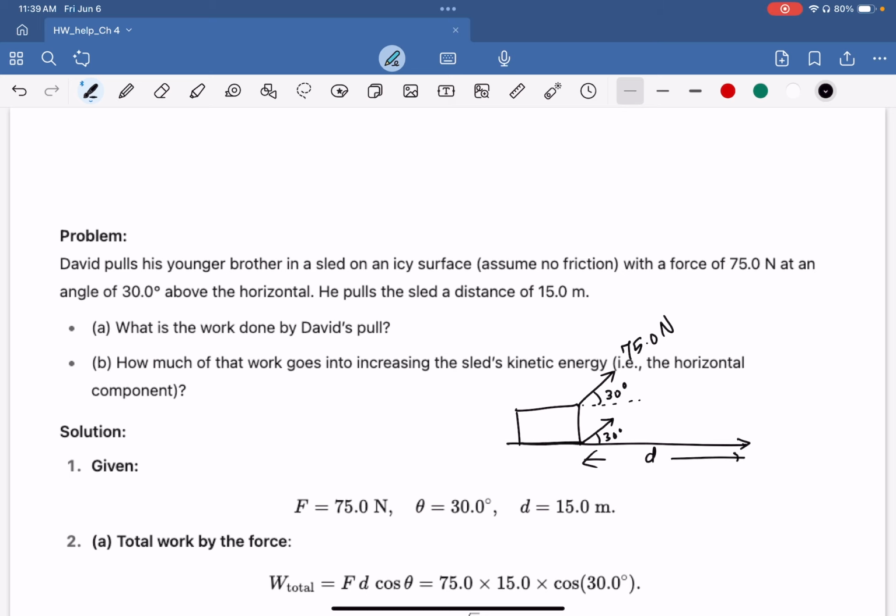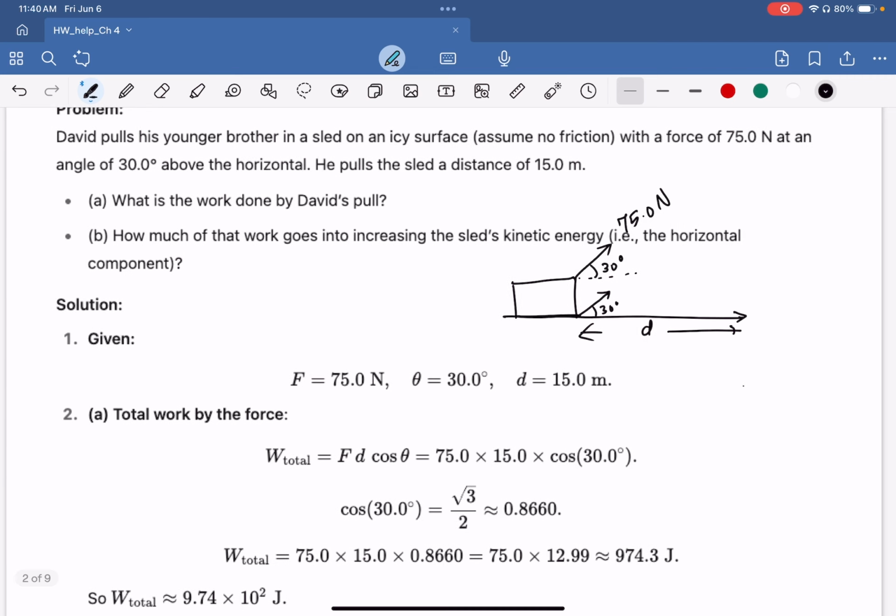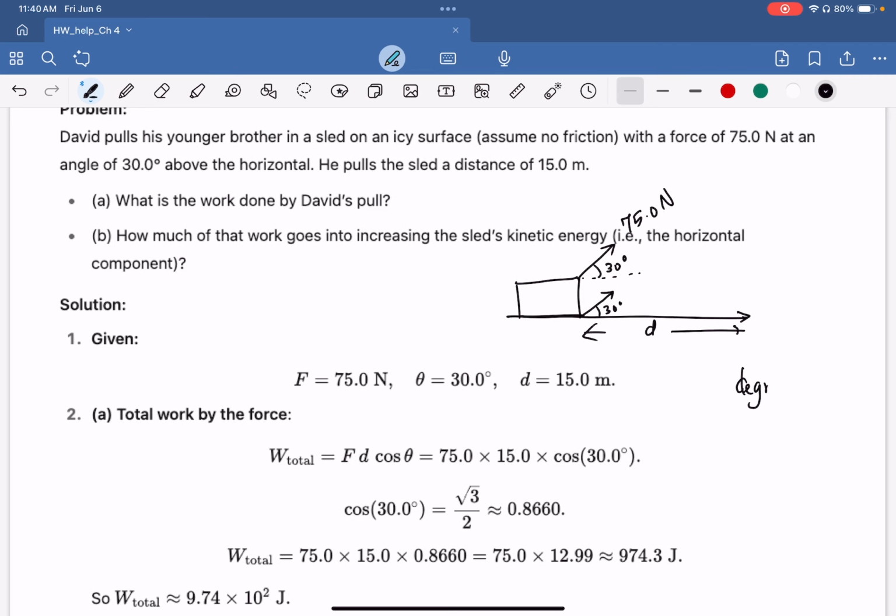The formula for work is F D cosine theta. F is the force, D is the distance, and then you have a little trig here, cosine of the angle. On your calculator, please make sure that it is set up in the degree mode. You have two modes. You should know how to go and change it. It could either be in degrees, which is what we want, and the second mode is radians. We do not want it to be in radians.